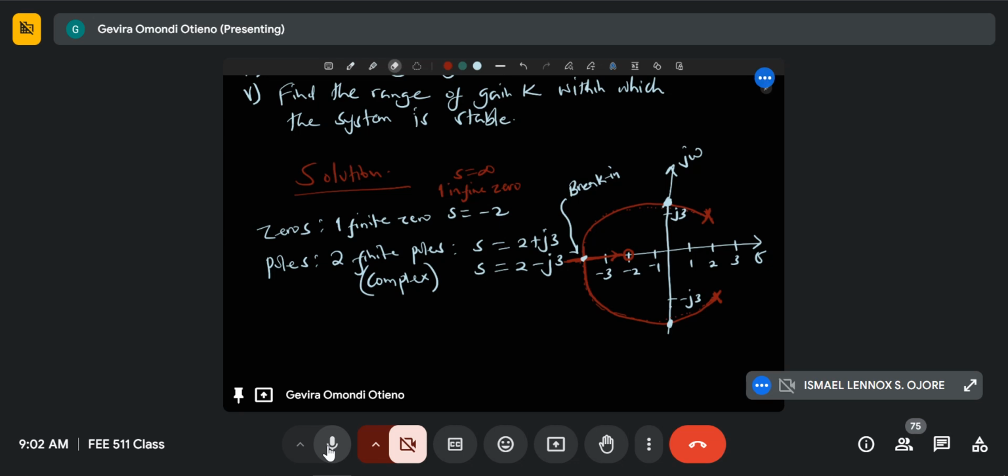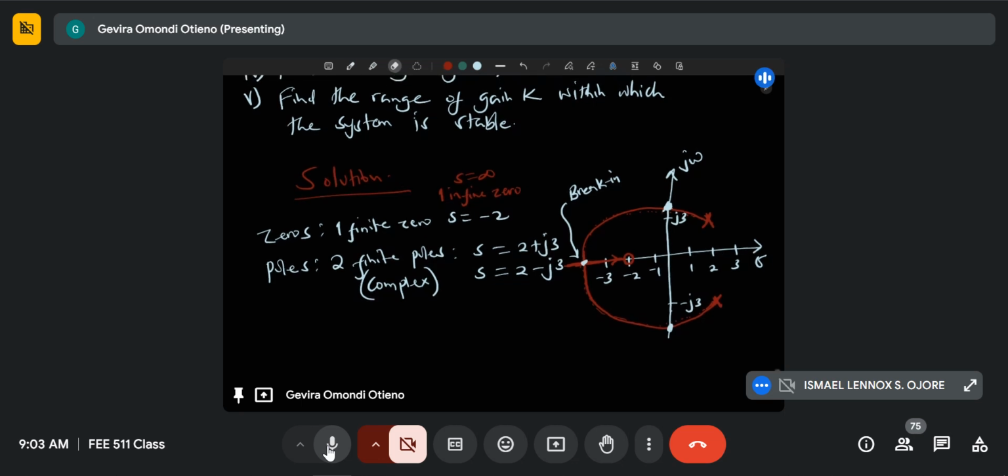In fact, if you read that rule's title, it's the root locus on the real axis, knowing where the root locus occurs on the real axis, not the imaginary axis. We cannot assume that we can quickly determine the direction of the root locus on the imaginary axis. We can only know on the real axis.